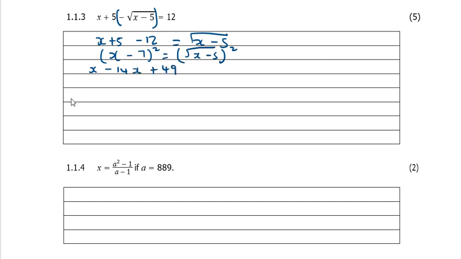You can expand if you need to, and then you can check that. And of course, the square root is cancelled by the square. So that should be x squared. Bring the 5 over.